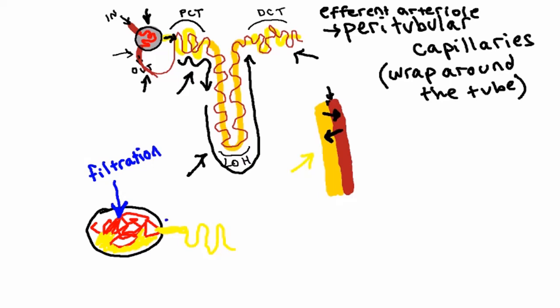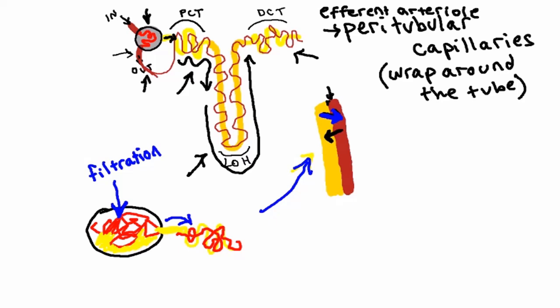And then when it proceeds through the tube and gets to the peritubular capillaries wrapping around here, that's when the filtrate goes back into the peritubular capillaries, because the peritubular capillaries are going to filter it one more time, see if there's anything they missed, if they need any more nutrition.